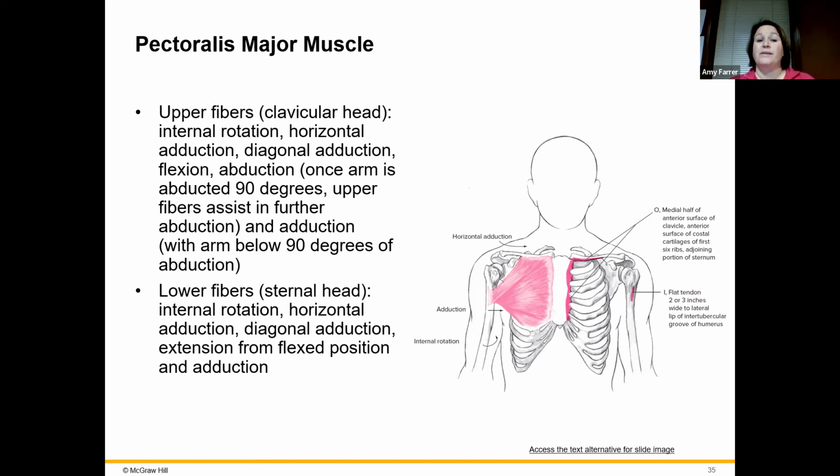So again, one of those muscles that does everything. The lower fibers, because of where it attaches on that humerus, are responsible for internal rotation, horizontal adduction, diagonal adduction, and it will help bring us back to extension from a flexed and adducted position. Okay, so again, it does a ton of things, but again, all based on fiber line.